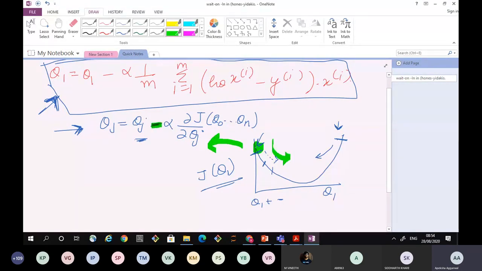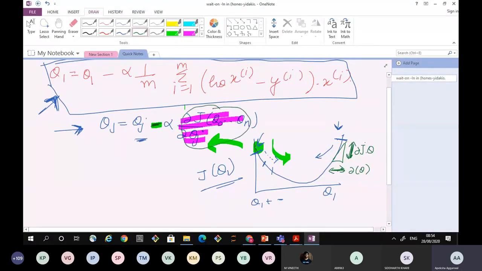So this term is negative because this whole term is basically the slope, right? Slope is change in y over change in x. Del means a small change in J theta, and this is the change in theta 1. So this is change in this over change in this, that is change in y over change in x. So this is the slope that we have.